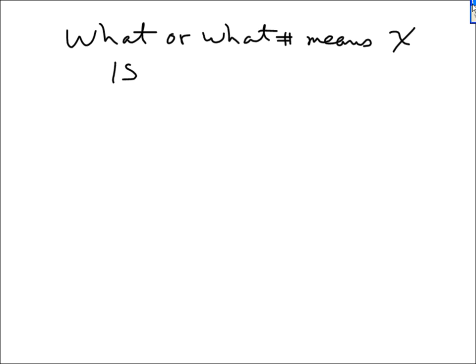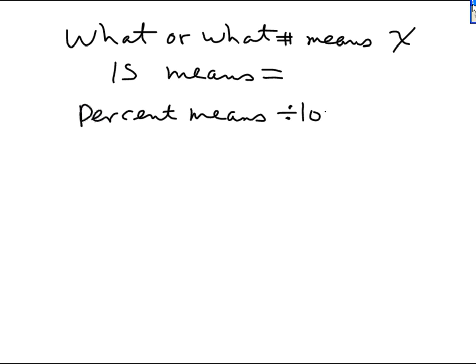Whenever you see the word is, this means equal. 2 plus 3 is 5. 2 plus 3 equals 5. Percent, whenever you see percent, that means divide by 100.